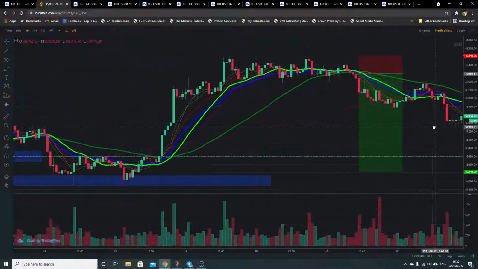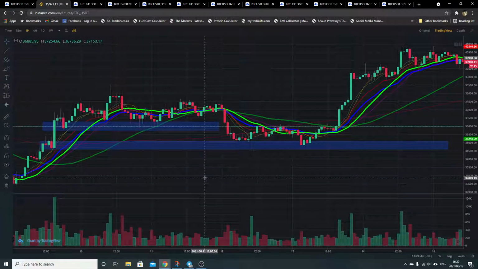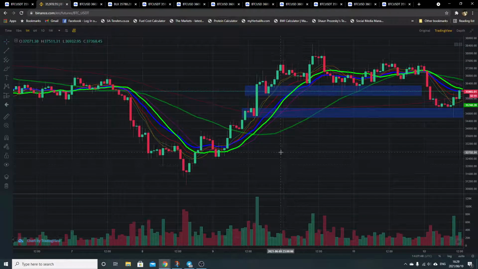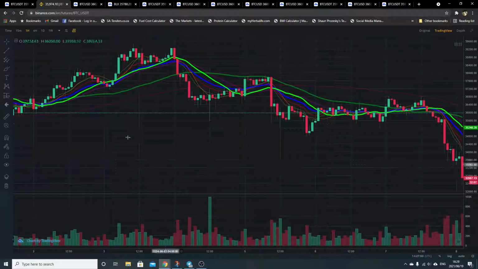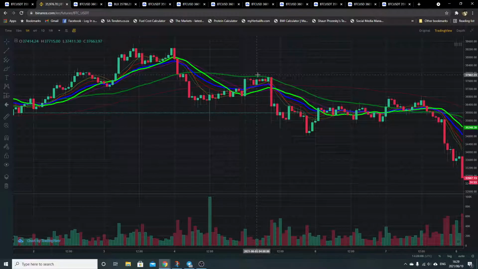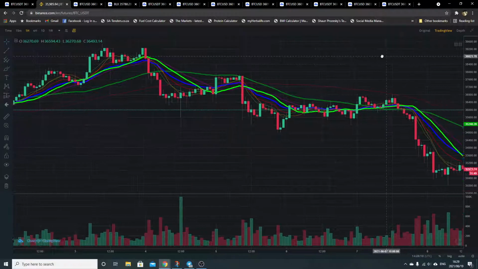Okay, so let's just go through to the other side of the chart, and we can see exactly what happened. Here, the 50 MA went below the 100 MA. The Bitcoin price tried to get above this area of resistance, and the 50 MA was too strong a resistance at that time, and then pushed the price down.